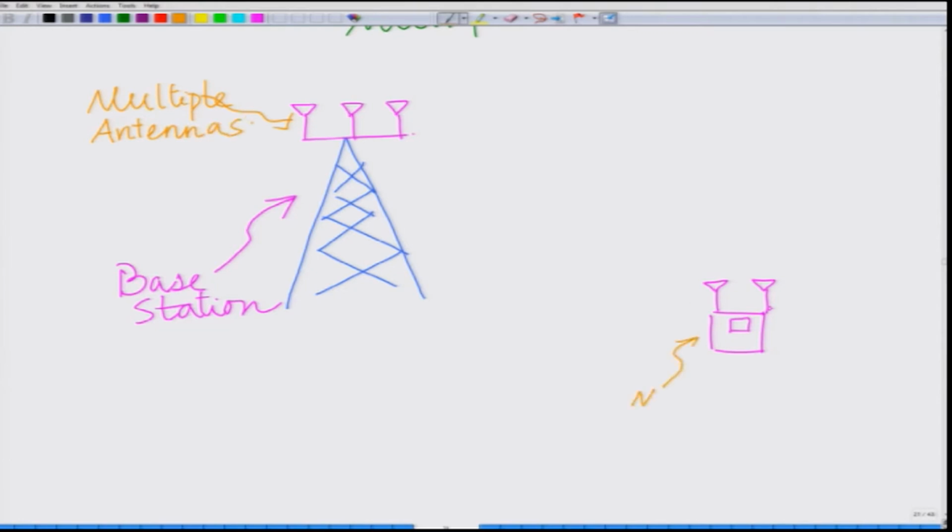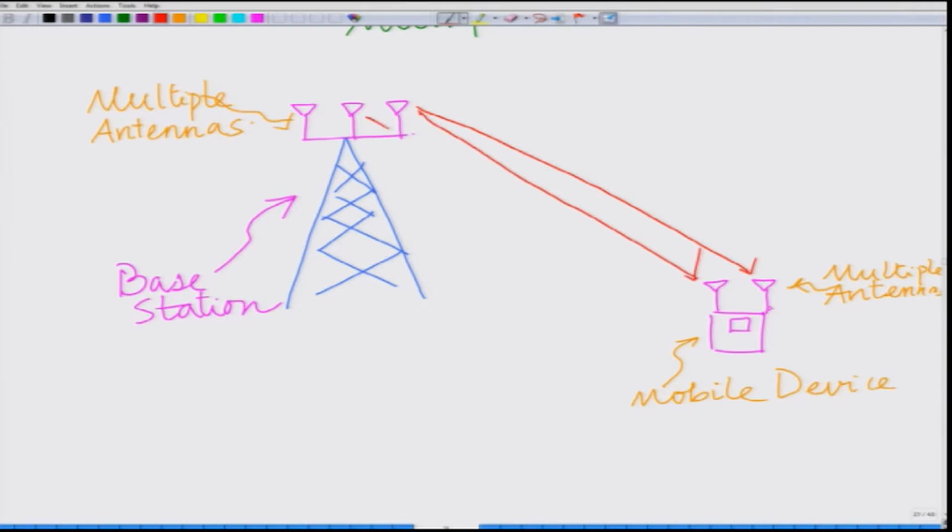This is the mobile device, and this also has multiple antennas. So, you have multiple antennas at the transmitter and multiple antennas at the receiver.